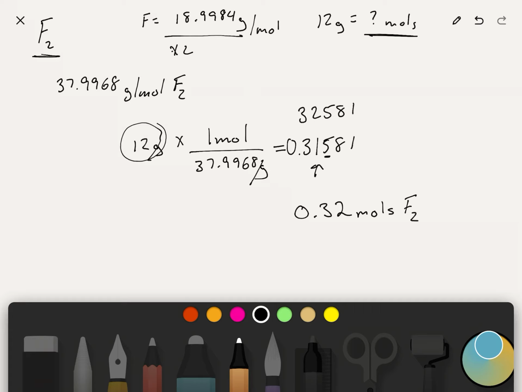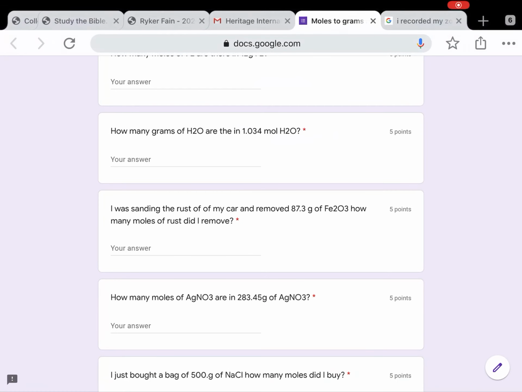If this number was 0.32581, this is a big if, we would still round to 0.32 because this 5 would make us round to the even number. Just a significant figure rule reminder there.